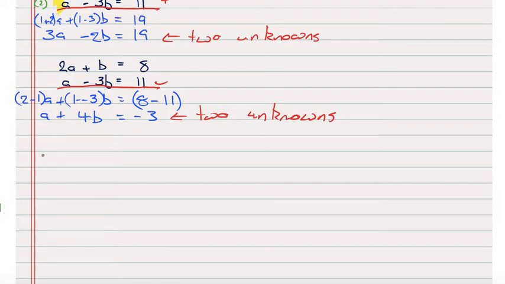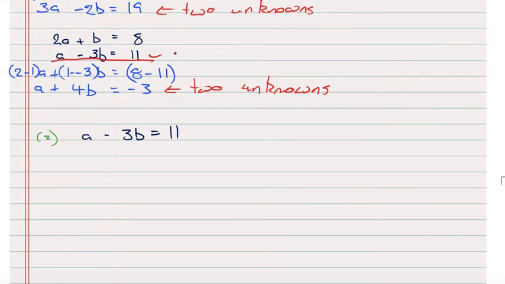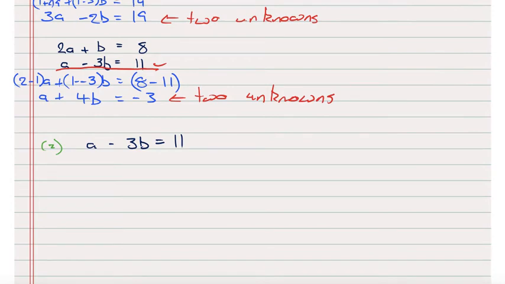Looking at equation 2, we have a minus 3b equals 11, and I want to make it such that I can get 2 in front like that.